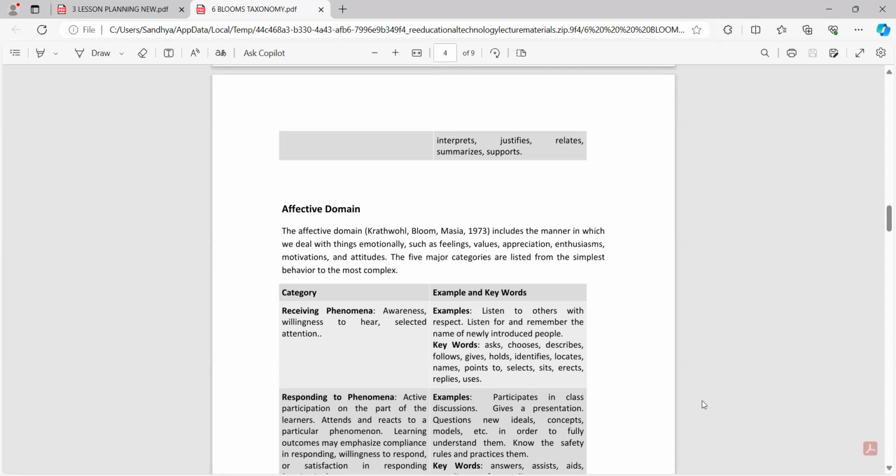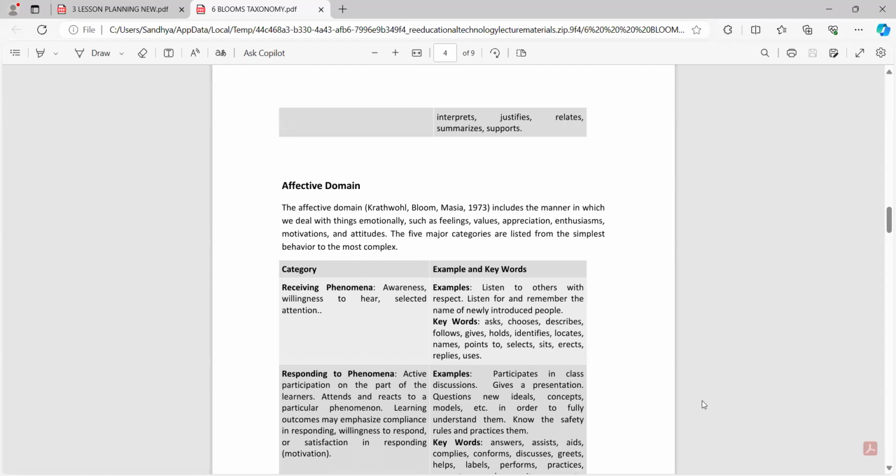Receiving phenomena, awareness, willingness to do, willingness to know, right? Paying attention to some good attitudes at the receiving level. Now, I will give you my own example. It happened when I was an adult, a mature person, right? So we live in an apartment.